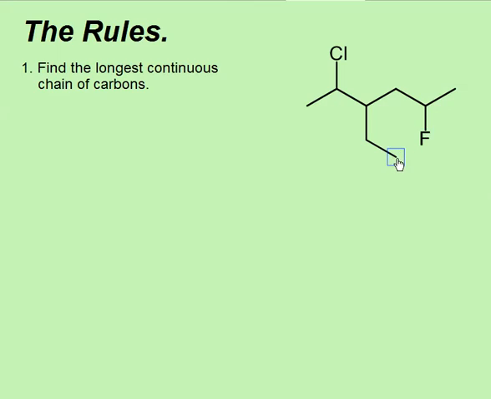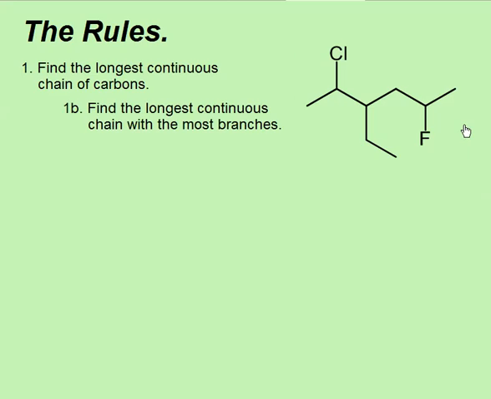But if we started here and continued to the right, we'd also get 1, 2, 3, 4, 5, 6 carbons. So we have a tie in this situation. And so our sub-rule for the first part here is that we're looking for the longest continuous chain of carbons which has the most branching from that point.